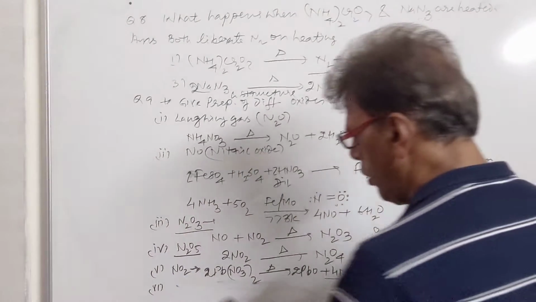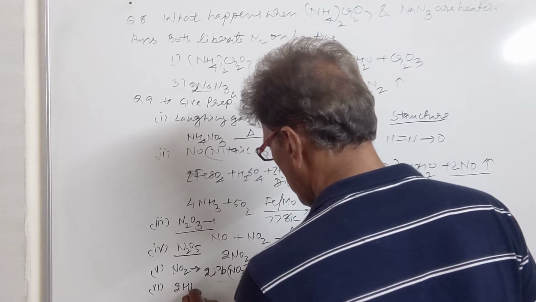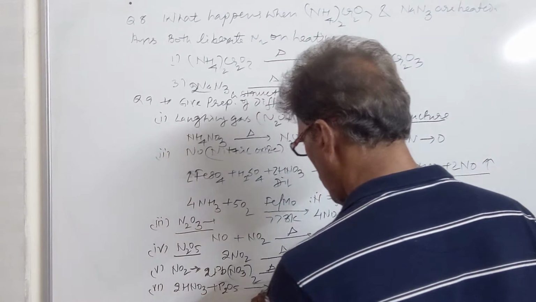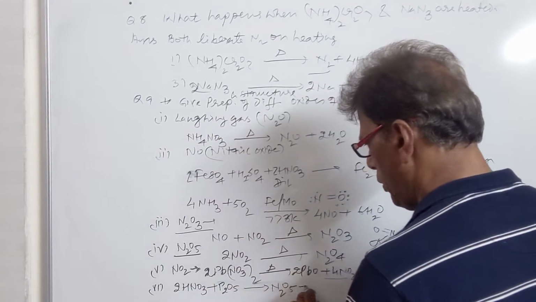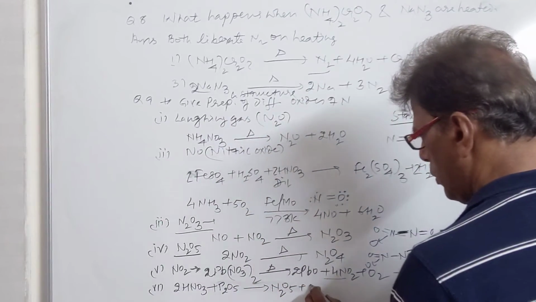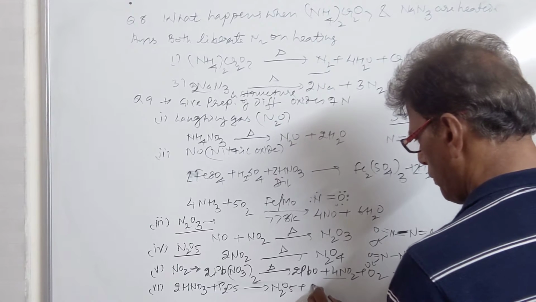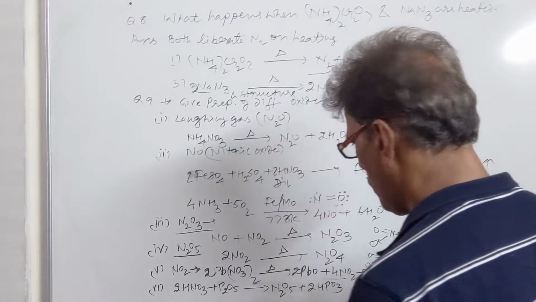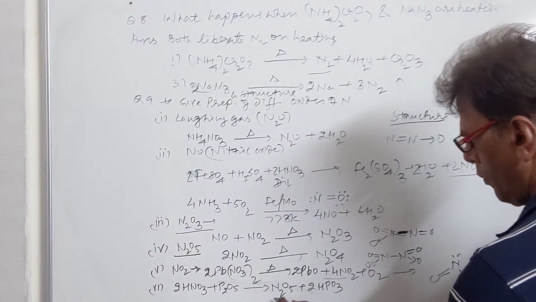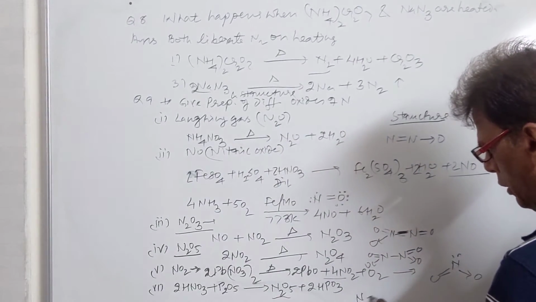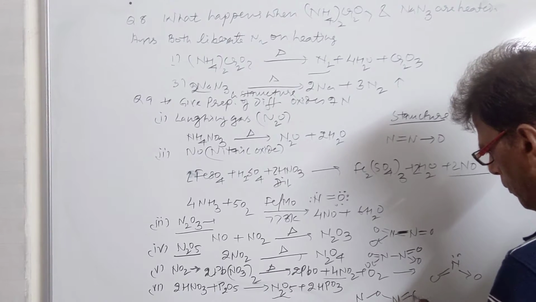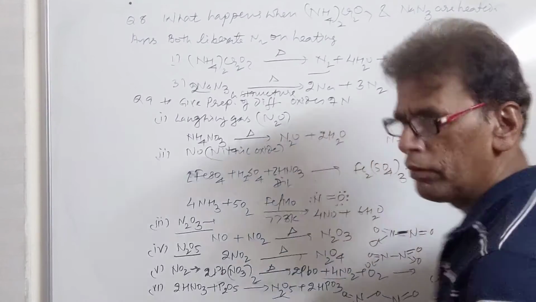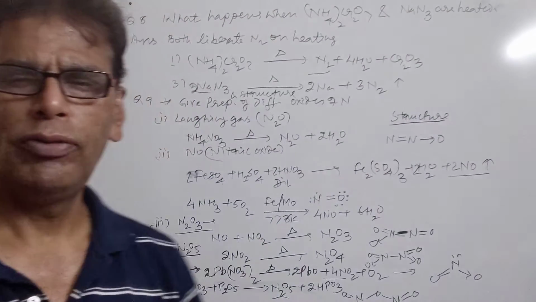It will be prepared from 2HNO3 giving N2O5 plus 2HPO3. This is N2O5, structure is like this.